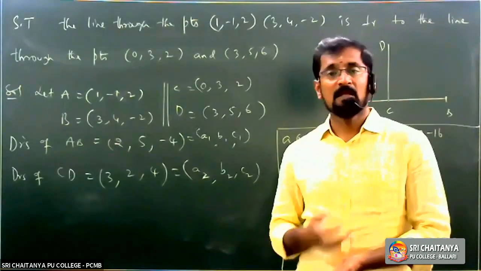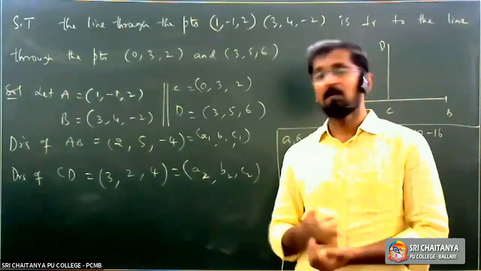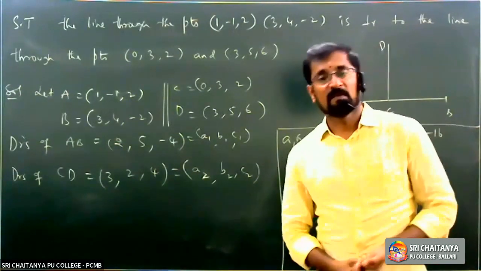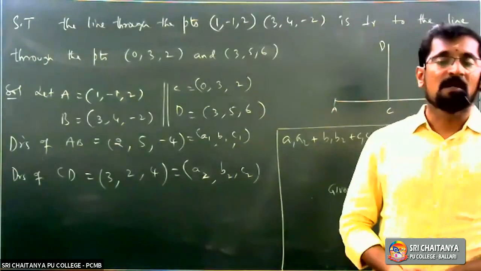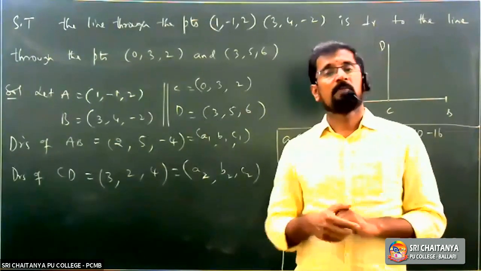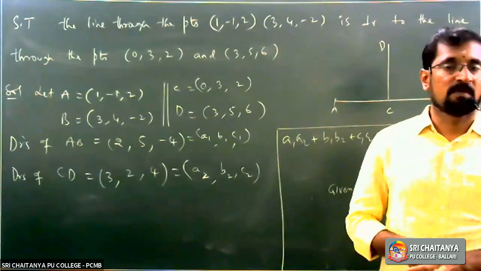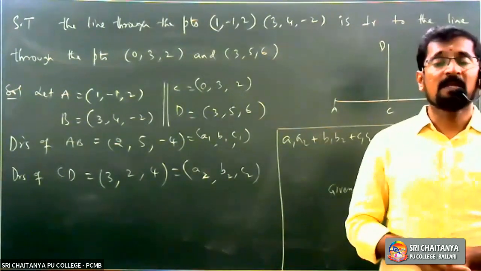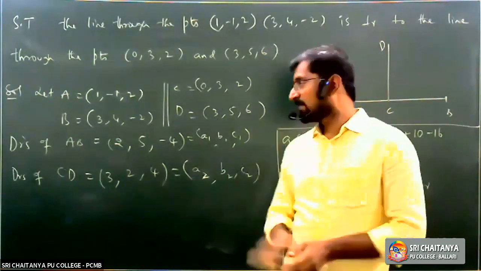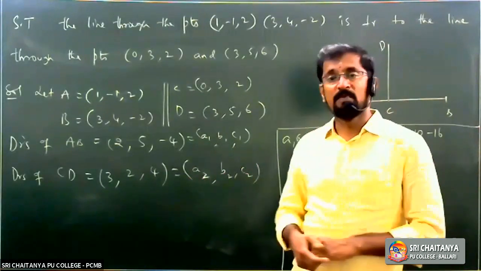Even you can apply AB bar is equal to OB bar minus OA bar, which is nothing but B minus A. Similarly, I consider the second 2 points as C and D, and I found the direction ratios of line CD using the same formula. I considered the DRs of AB as a1, b1, c1 and DRs of CD as a2, b2, c2.